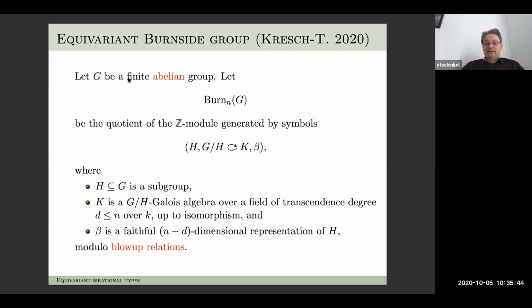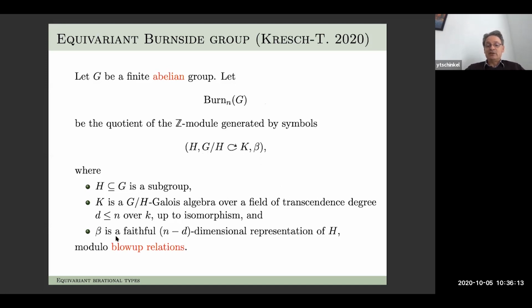So suppose G is an abelian group, then we introduce the group, which we call Burn N of G, the equivariant Burnside group of G, to be the quotient of the Z module generated by symbols. So the symbols are triples. So H and G mod H acting on some, well, it's a Galois algebra over a field of some transcendence degree after isomorphism.